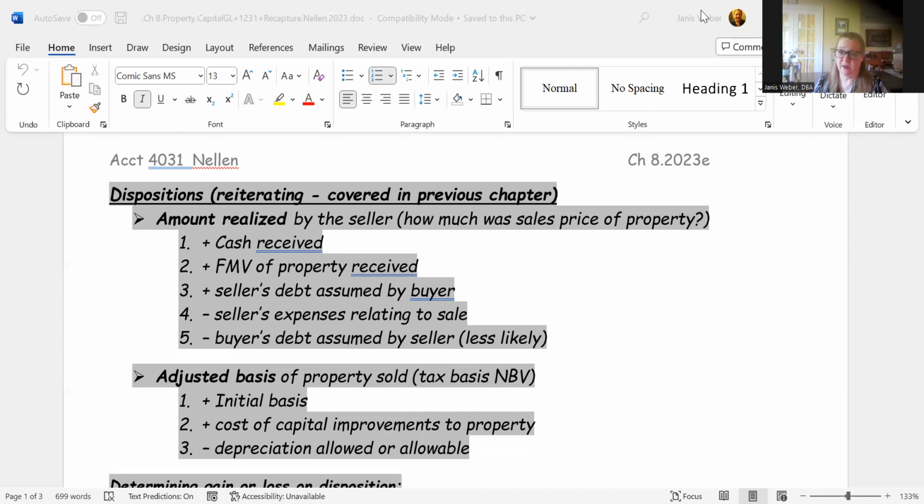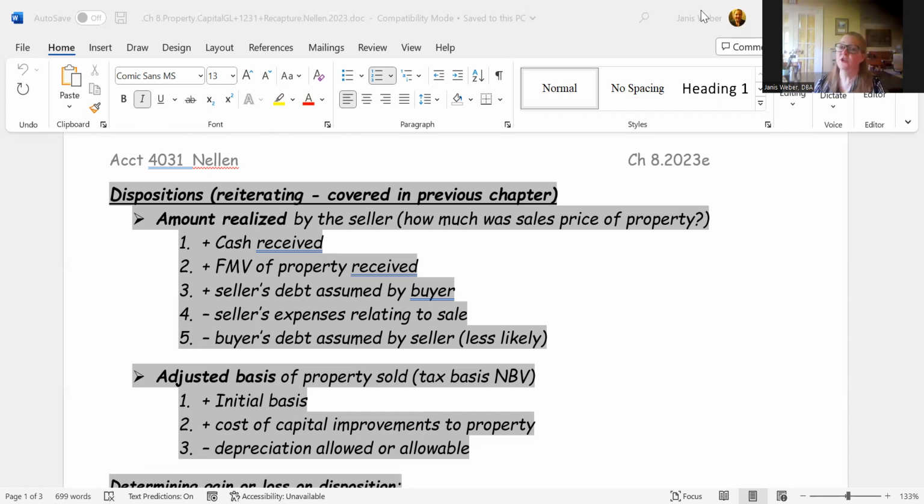So that reduces the amount you realize, of course, because you're on the hook for the mortgage. That doesn't happen as often, but it does sometimes happen, especially whenever it's trading properties rather than just outright selling one. But in any case, if the seller did assume some of the debt of the buyer, then that would reduce the amount realized.